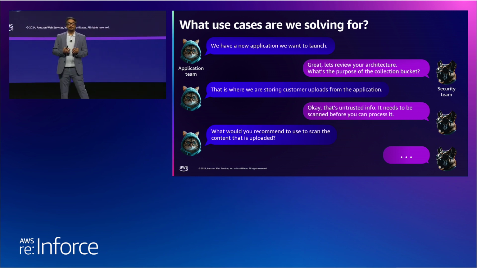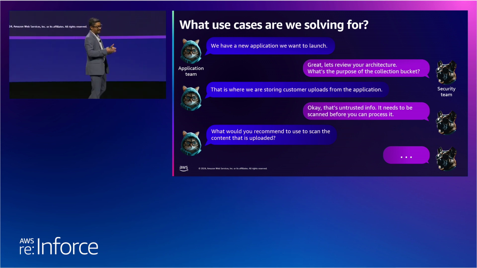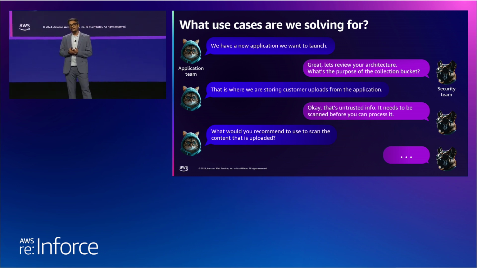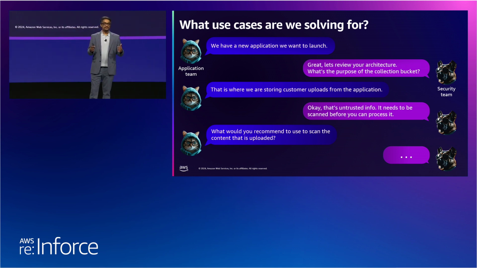More importantly, security teams can set the standards so that different application teams building applications with requirements that interface with untrusted uploads can now use the recommended and approved malware scanning solution, so that you don't have to go through cycles of, let's say, license renewals. You don't have to manage the infrastructure, and so on and so forth. There is a baseline that can be established for all applications that include untrusted uploads.